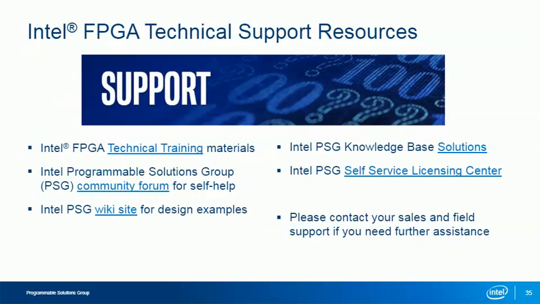Use the knowledge base to find solutions to the most common issues you may run into. Manage your software licenses and online training registrations using the Self-Service Licensing Center. Finally, for local assistance, contact your local Intel FPGA sales office to speak with a field applications engineer.